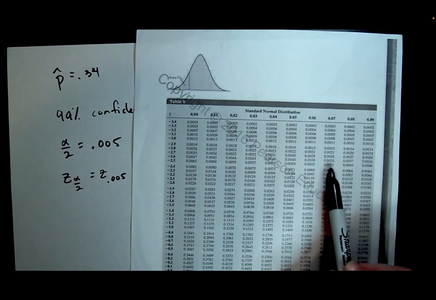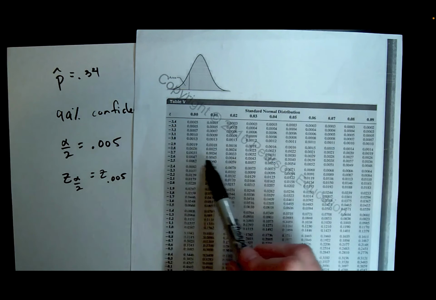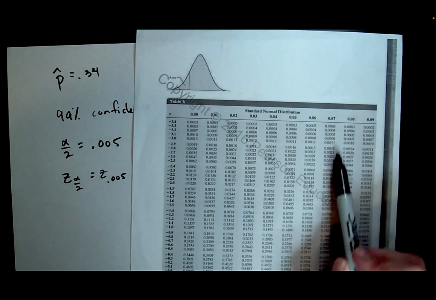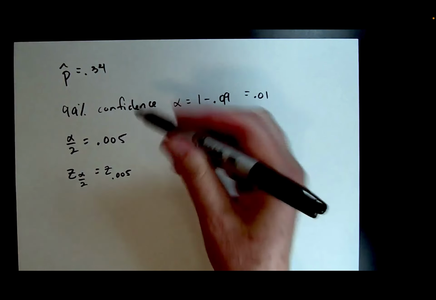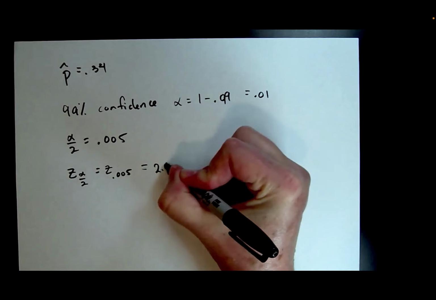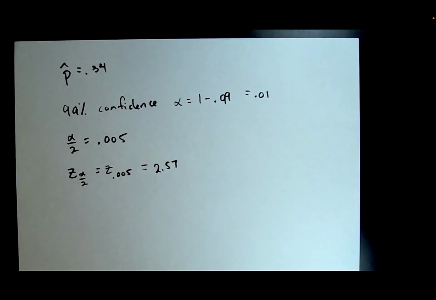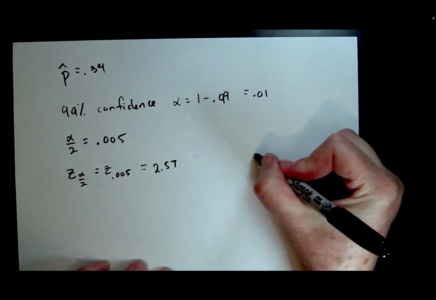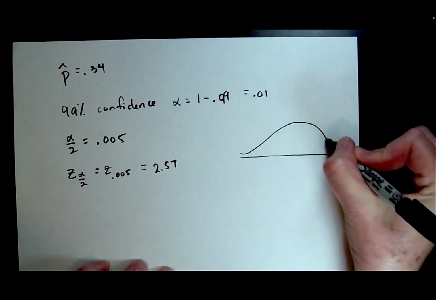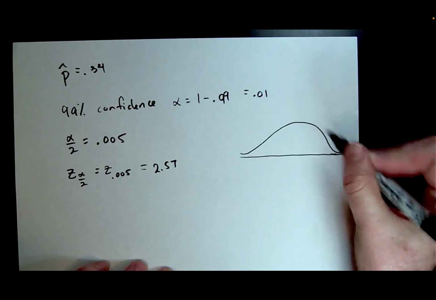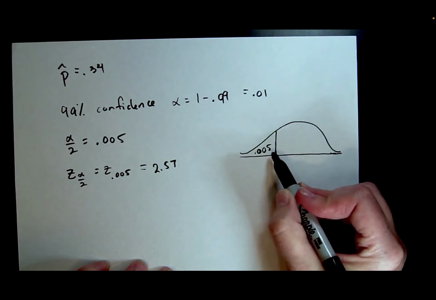Okay, right in here. So it looks like minus 2.57, I'll say. And again, just to remind you, what I used the table for was to find the z value that had 0.005 area to the left of it.